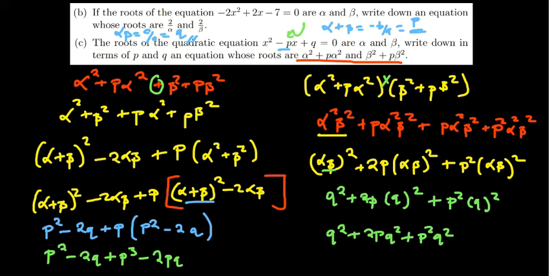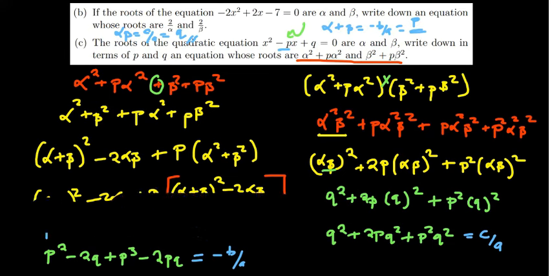So don't forget that this is equal to our addition, which is negative b over a. Then that is equal to c over a.